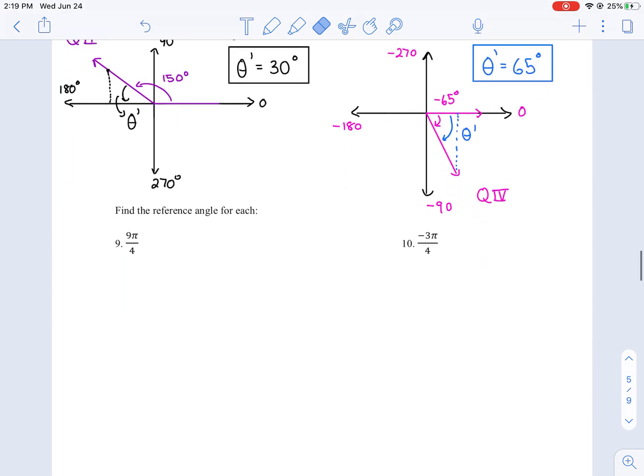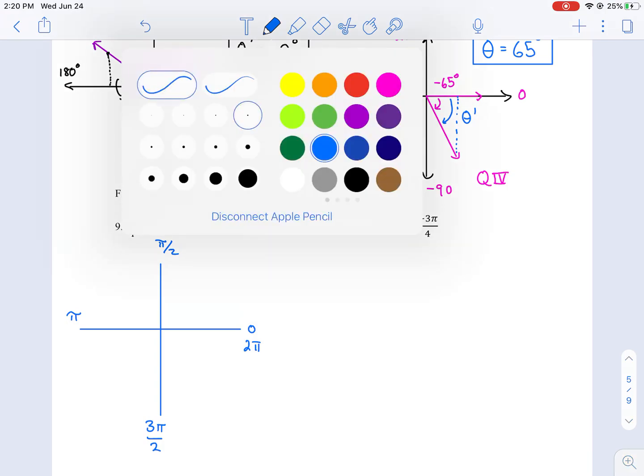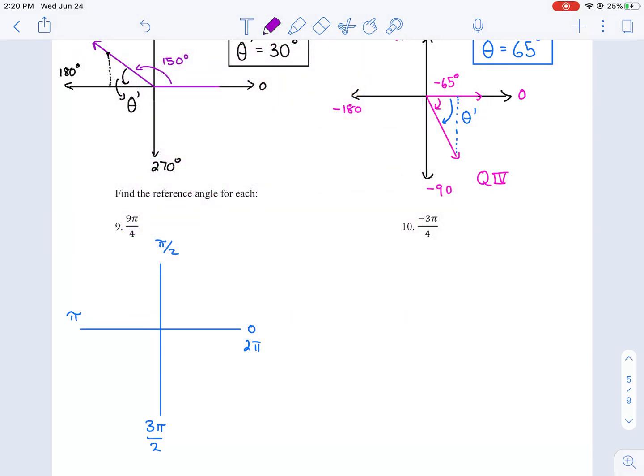Okay, example number 9. Okay, we're going to draw the angle. So this is 0, pi halves, pi, 3 pi halves, and 2 pi. 9 pi fourths is greater than 2 pi.